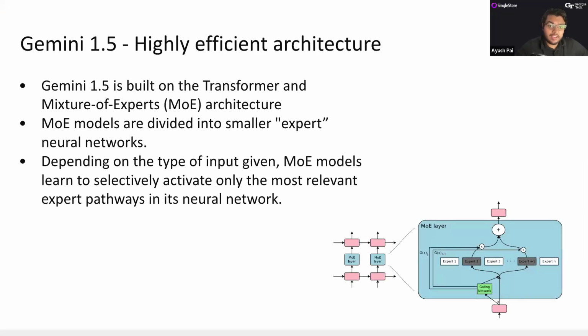So Gemini 1.5 really epitomizes efficiency in AI architecture. And the architecture you're using now is a combination of the transformer architecture that we talked about a little bit earlier, and this new technique called mixture of experts, MOE, right? So the transformer provides the foundation, enabling the model to handle long range dependencies, and the MOE layer is where Gemini shines, right? It breaks the model up into expert neural networks, which are each fine-tuned for specialized tasks, right?